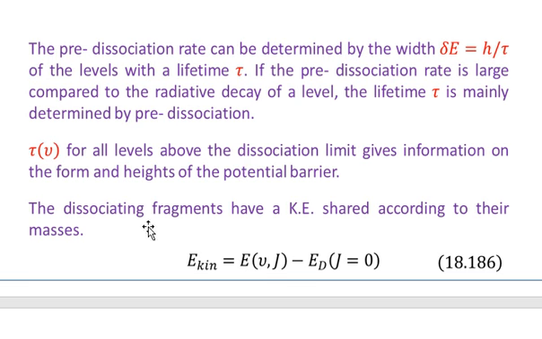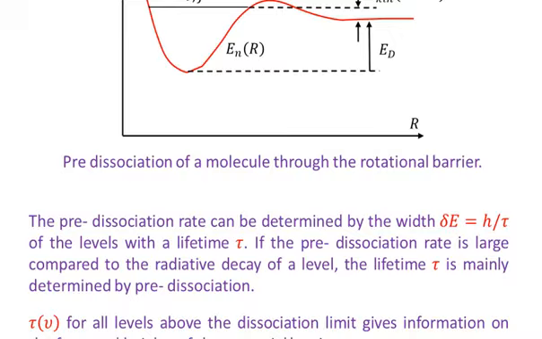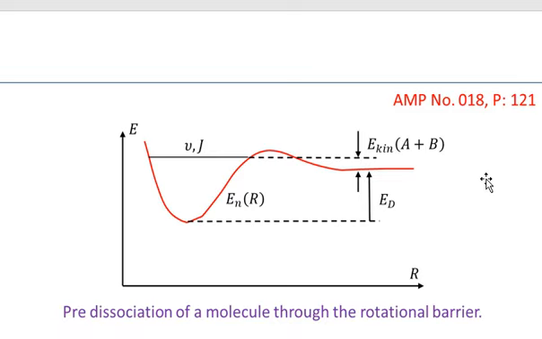The dissociation fragments have a kinetic energy shared according to their masses. That is, the kinetic energy is shared by the masses of the two nuclei, nucleus A and nucleus B. So these two fragments will share the kinetic energy of the system.